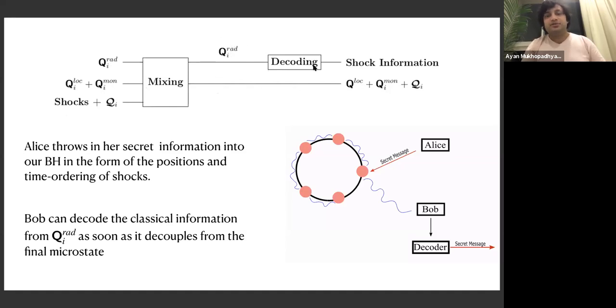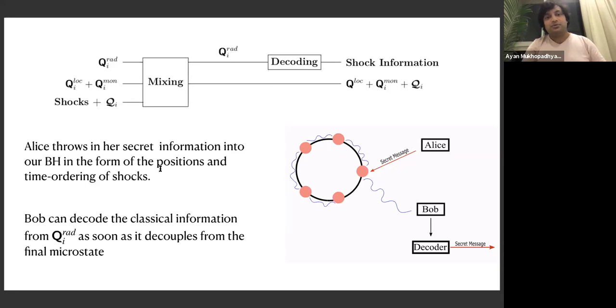Now, the Hayden-Preskill protocol cannot access the black hole interior. You cannot access this part, which has this monopole term, the charges of the throats, and also this part which is locked in with the charges. So you cannot access this, but you can act with your decoding on the decoupled hair, and you get back this information of the shocks, which means that you can decode this secret information.